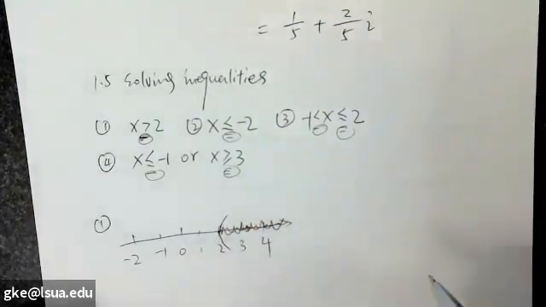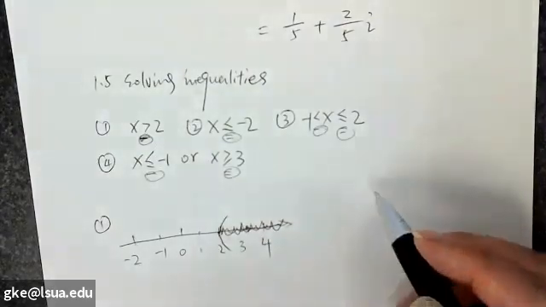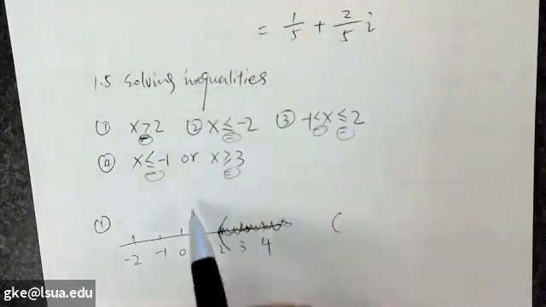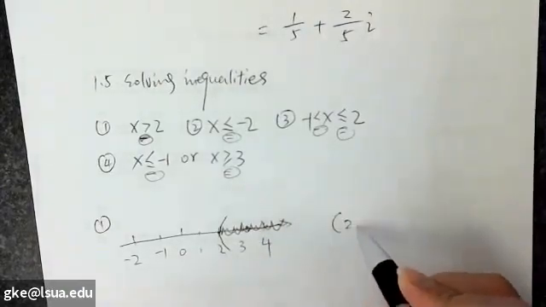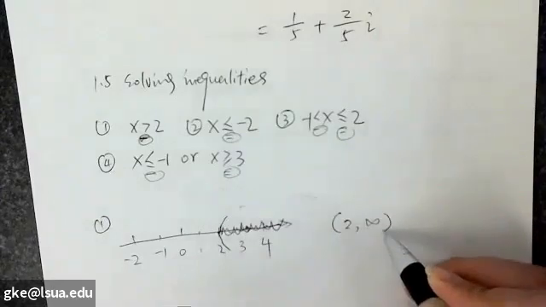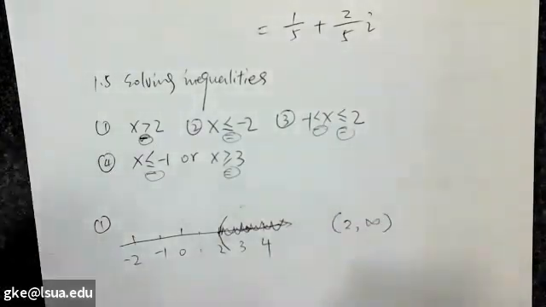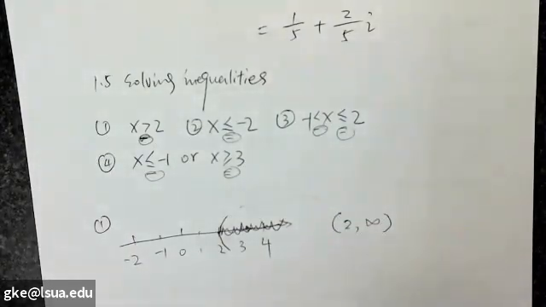And of course, if you use the interval format, you can write it like that. It starts with 2, and the greater side, the upper limit, goes to infinity. That's the interval format, and I'm pretty sure a lot of questions on your MyMathLab require interval format.